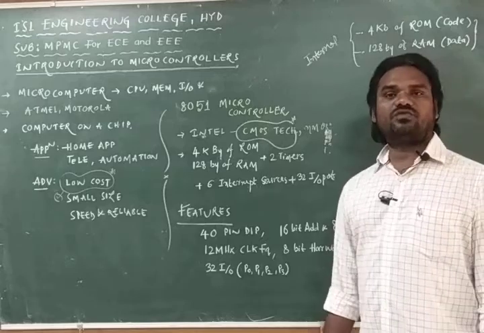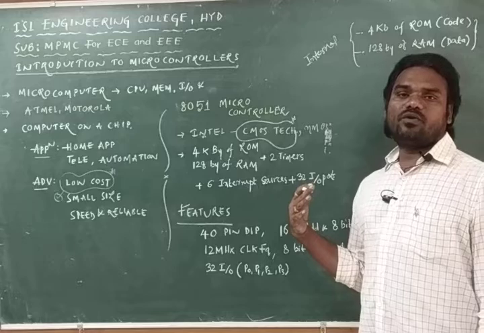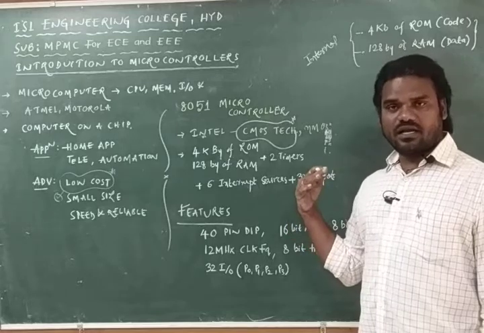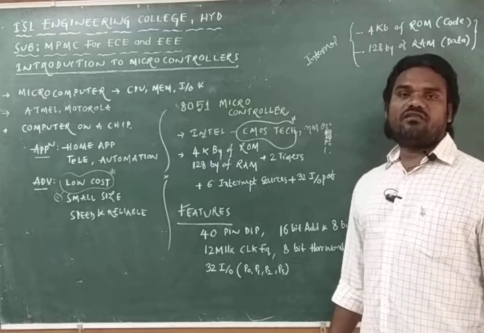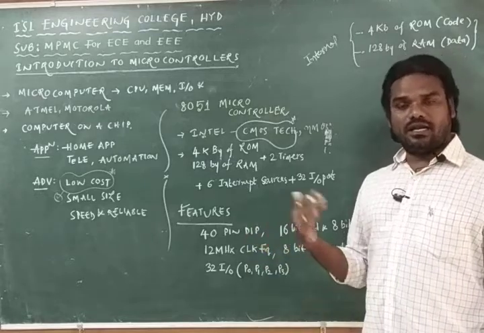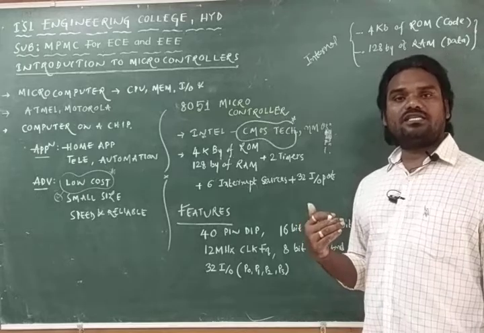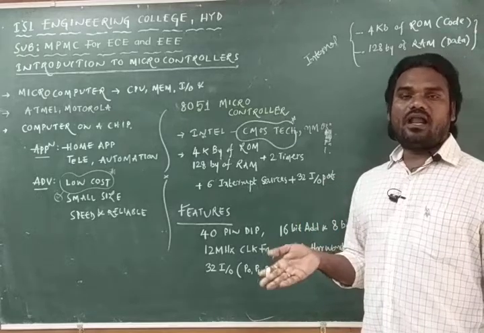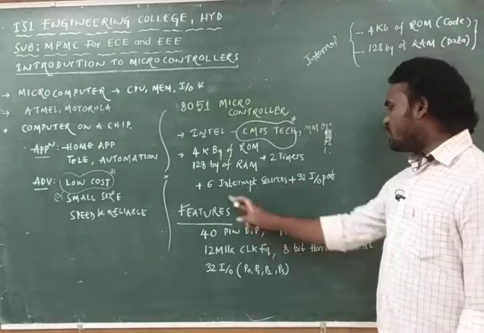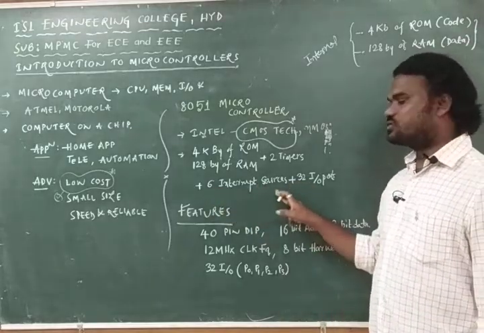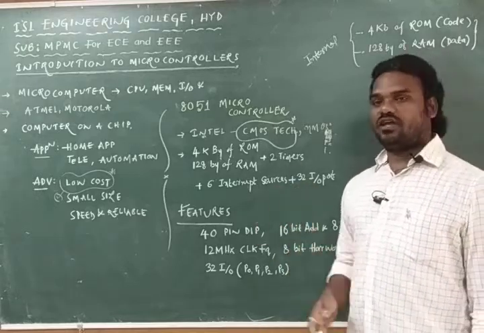Six interrupt sources means 6 interrupts can be given to the 8051. Based on the interrupt priority, one interrupt signal will be selected and served, and after that it resumes the previous execution.